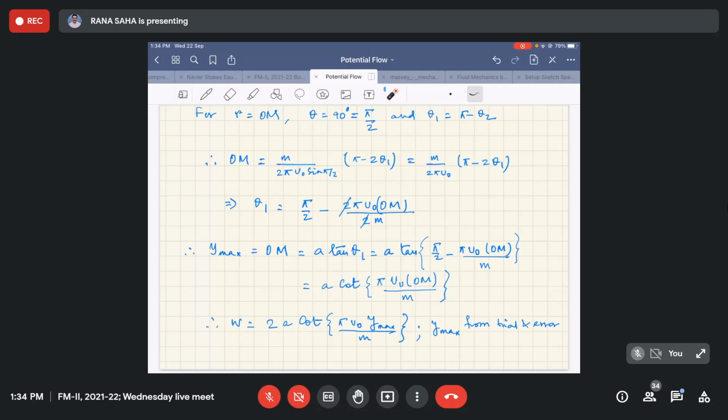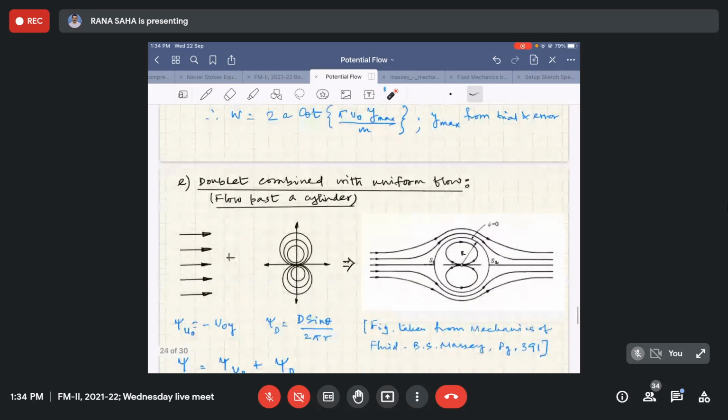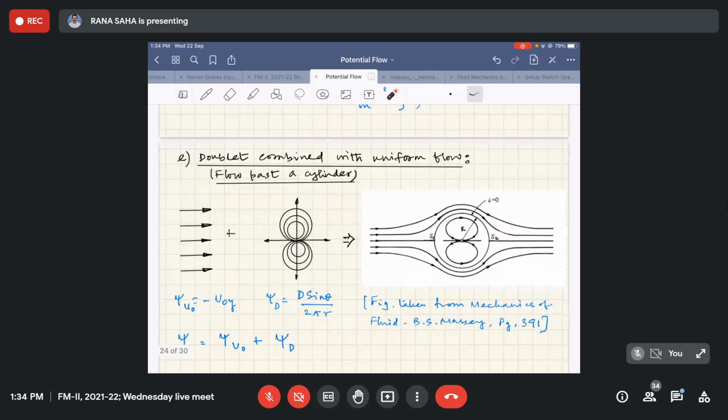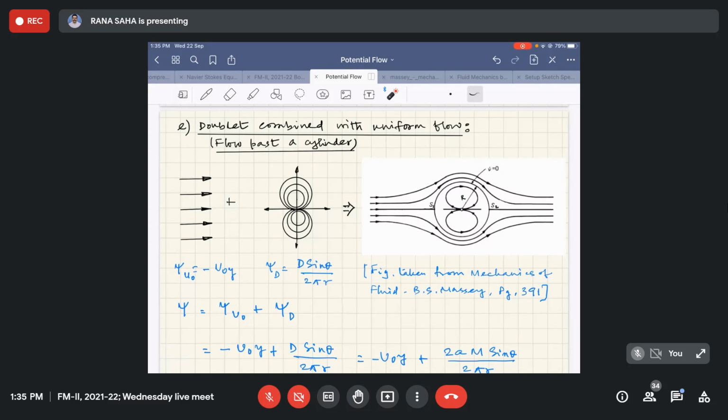You need to start with a particular value and see whether it is satisfying the equation or not, and then you change it. Like in some problems, I think in your friction factor using Moody's diagram, some problems require that particular technique of trial and error.